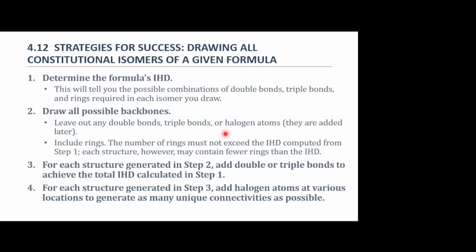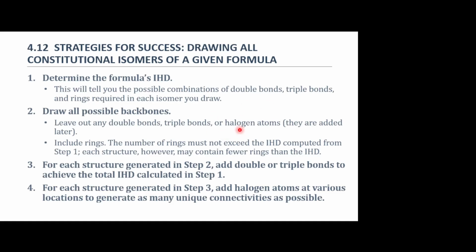So if I was talking about an IHD of 1, I would need to include a ring as well, right? And so I'd have to make the backbone ring structures as well. Okay? If I don't have an IHD, then I can just make straight chain structures, right? Okay, and I can then remove carbons to put them into branches.